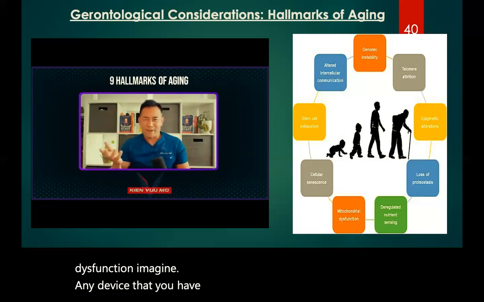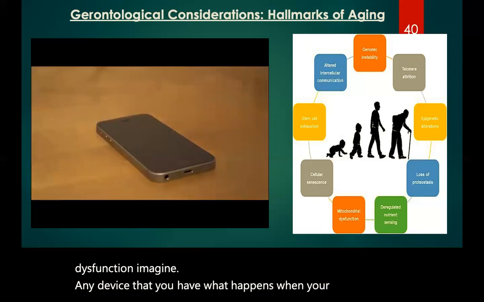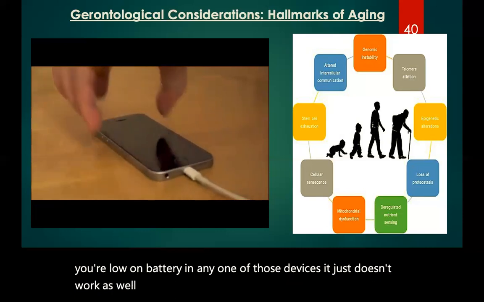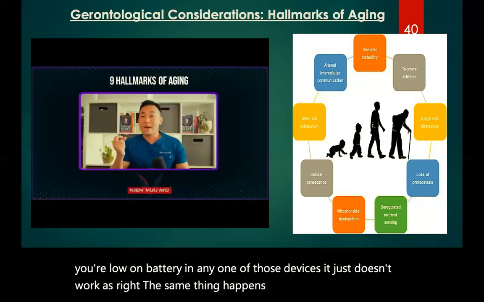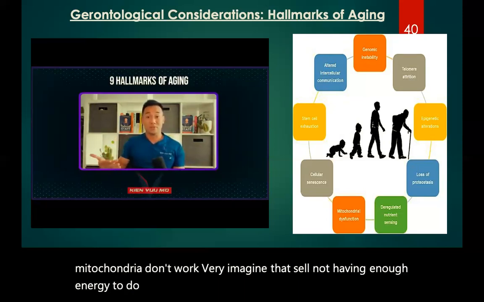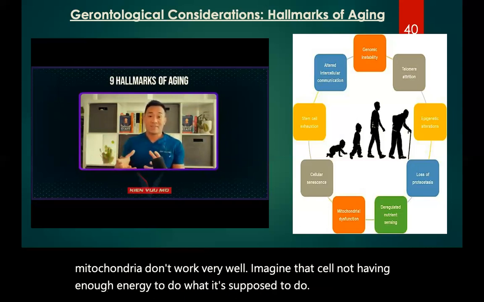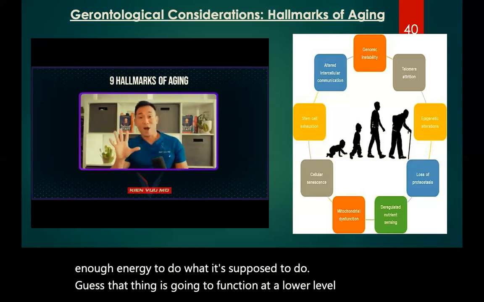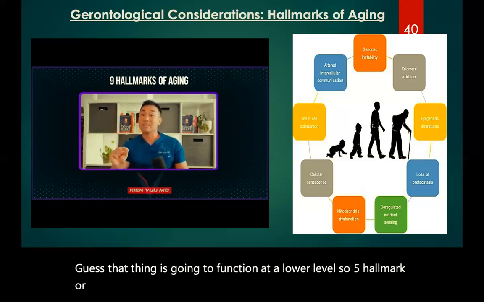You know what happens when you're low on battery in any one of those devices, it just doesn't work as well, right? The same thing happens with our cells. When those mitochondria don't work very well, imagine that cell not having enough energy to do what it's supposed to do. Well, guess what? That cell is going to function at a lower level. So number 5, hallmark of aging is mitochondrial dysfunction.